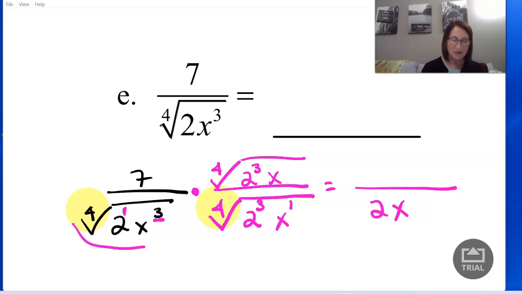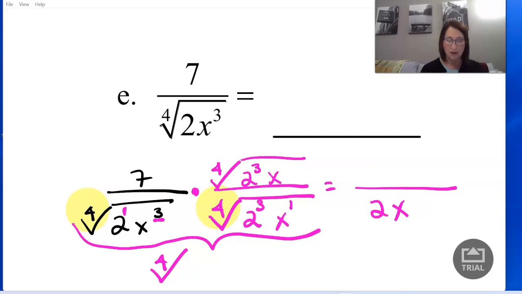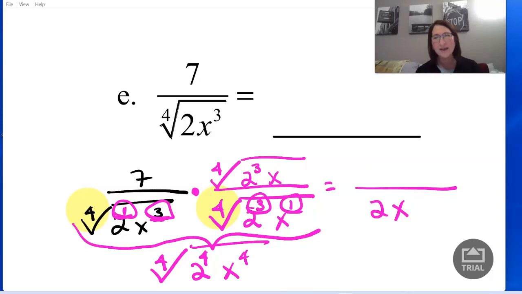That's because together I have the fourth root of 2 and I add 1 plus 3, so 2 to the fourth. Then I've got my factor of x and I add 3 plus 1, which is 4. So that's how I can now take the root and get a 2x.